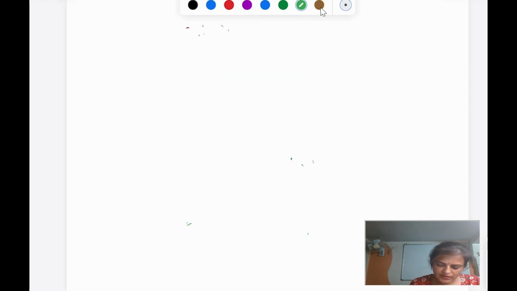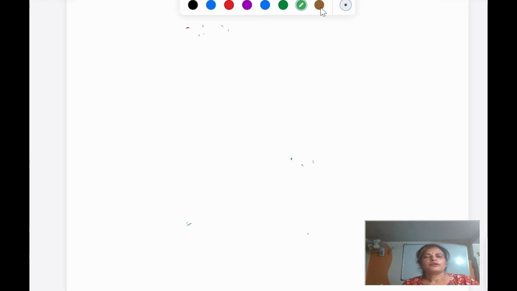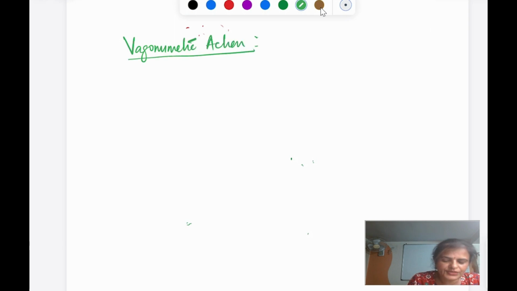Now another important pharmacological action in the heart. So apart from this cardiac action, another important pharmacological action is that it has a vagomimetic action.